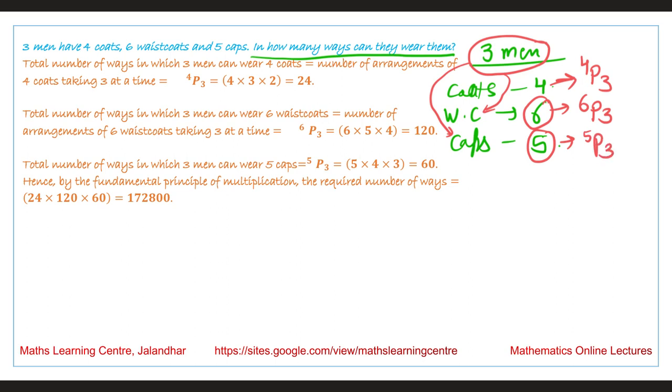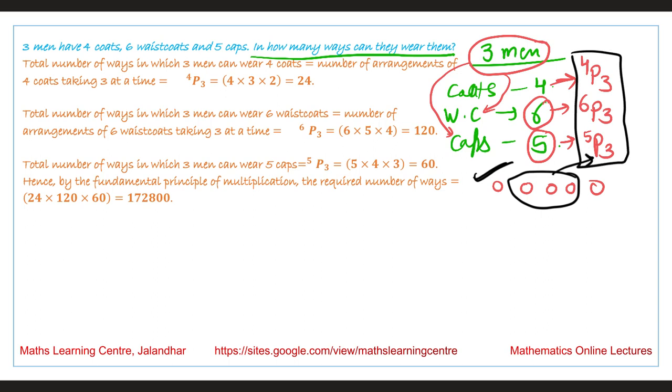What this means is that we have 5 caps, and out of these 5 caps we are choosing any 3 caps. The number of ways of choosing 3 caps out of these 5 caps, and these 3 caps are to be distributed among these 3 men. So these are the number of ways we have.